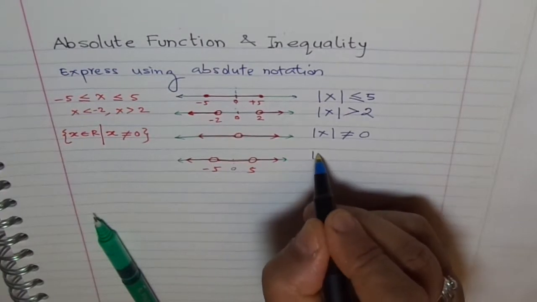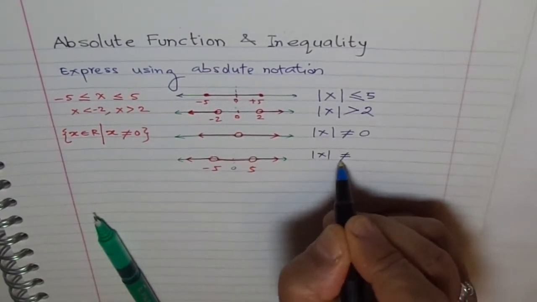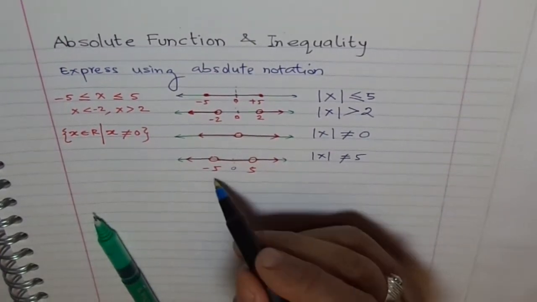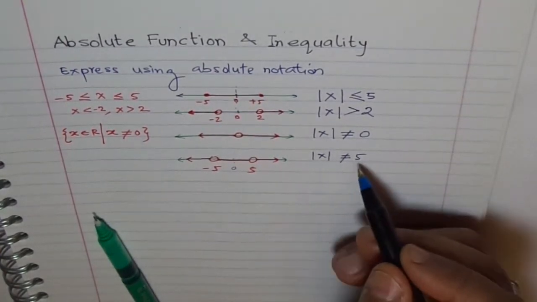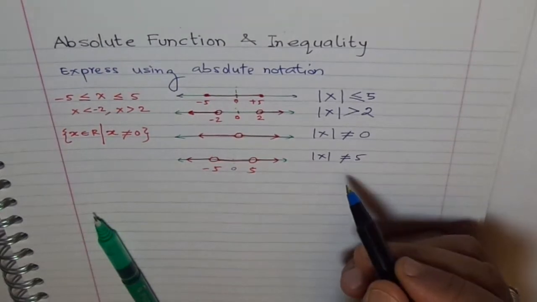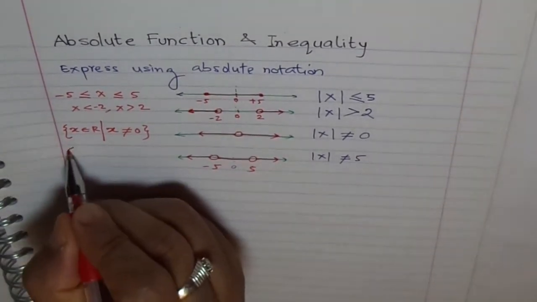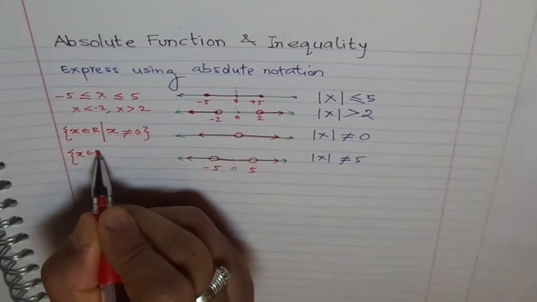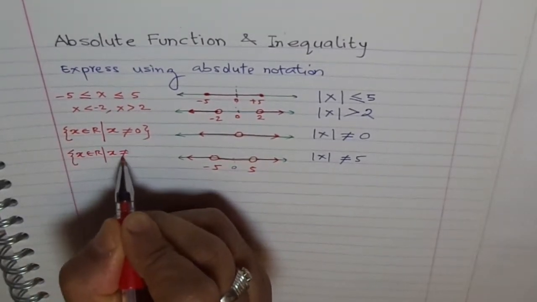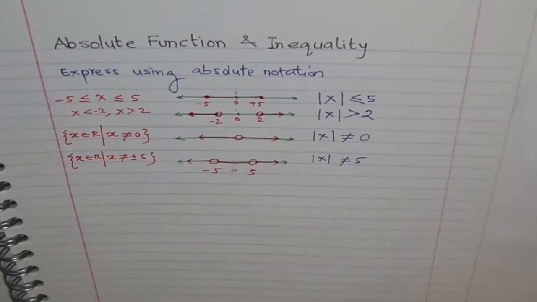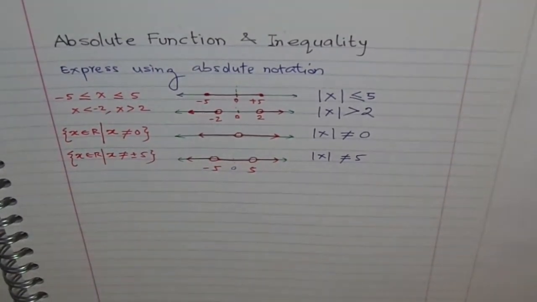We can say absolute x is not equal to 5. Does it make sense? Yes. Because if I write minus 5, it will become 5. So it is not equal to 5. It works. And in our set form, we can say x belongs to real numbers, but x is not equal to plus and minus 5. Simple as that. That is perfect.